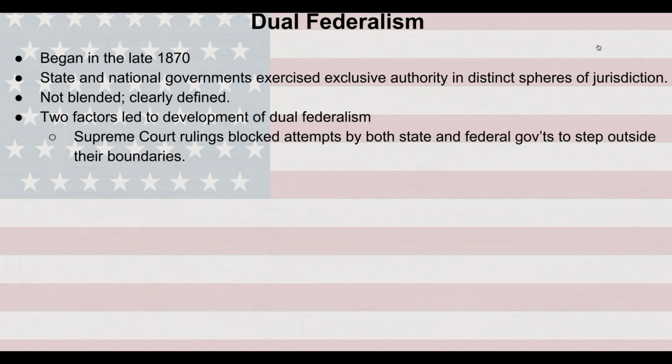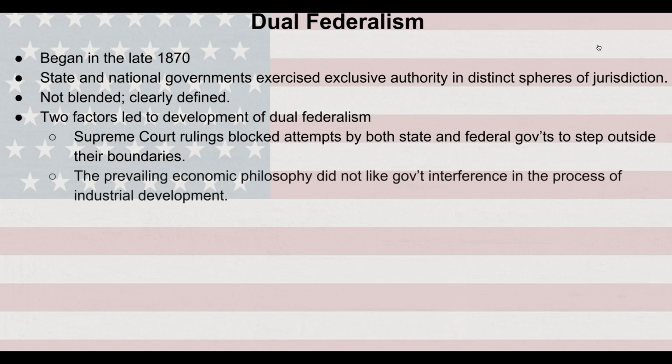The Supreme Court is going to essentially expand its powers to include the idea of judicial review, which is the capability of deciding which laws are constitutional and which laws are not constitutional. And so they really become that referee of government in 1803. And so we have some significant Supreme Court rulings that are going to really keep each level of government in their lane and not allow them to step outside their boundaries.